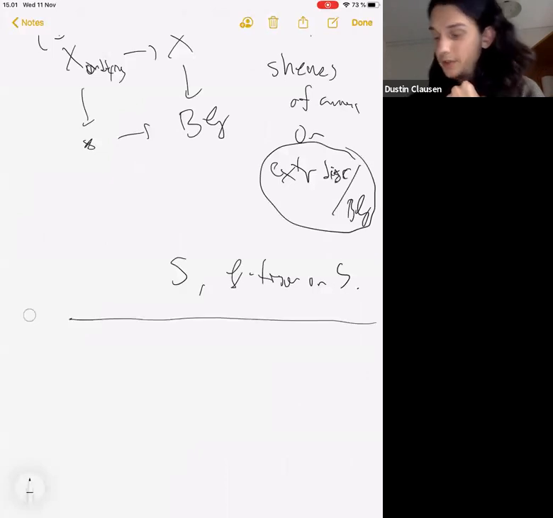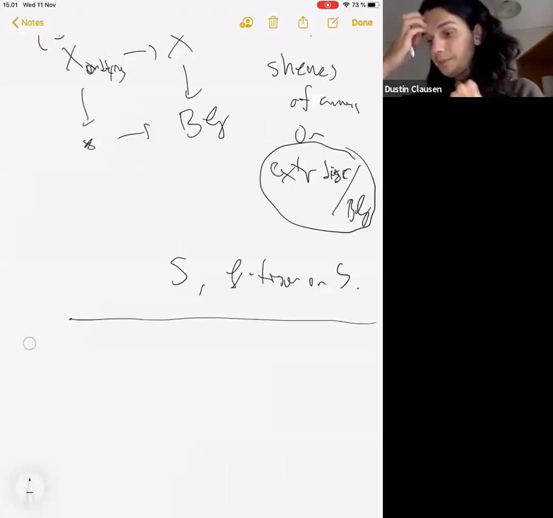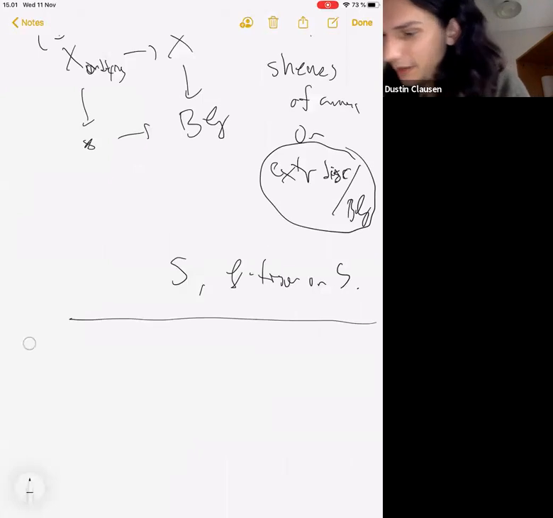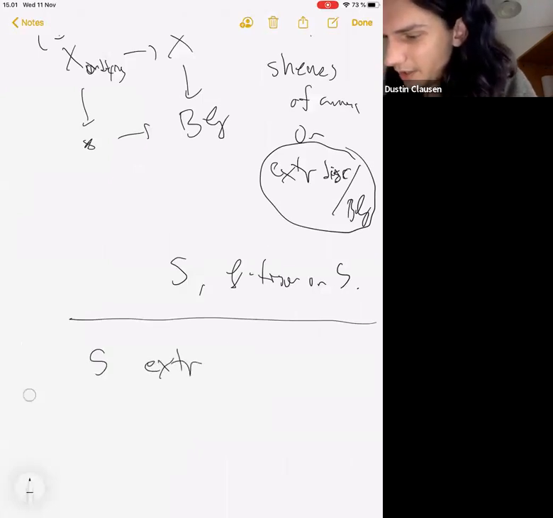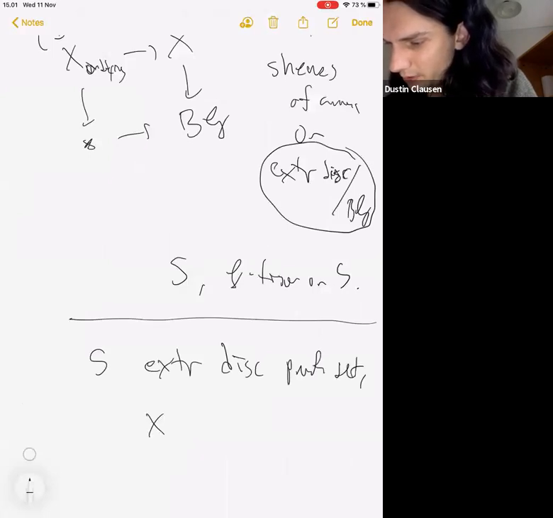Okay. So how can we produce this for Morava E theory? Well, so let's say we have an extremely disconnected profinite set S, and then a G torsor.